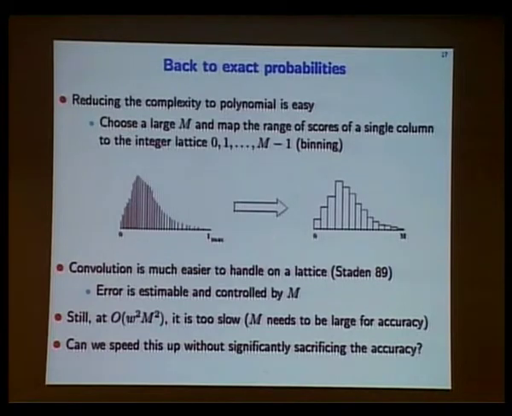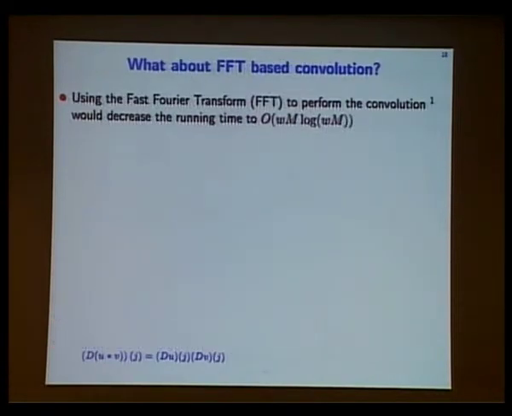I bin the results into n bins, and once binned I can do reasonably efficient convolution, but it's still slow. Because the probability I need to estimate is very small, n needs to be very large, and the complexity of naive convolution, it's easy to convince yourself, is W squared times n squared. That's going to be too slow. The question is, can you speed it up?